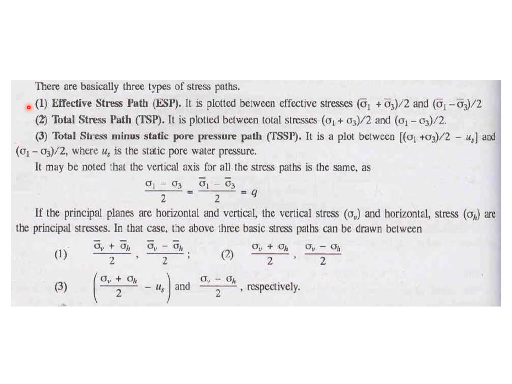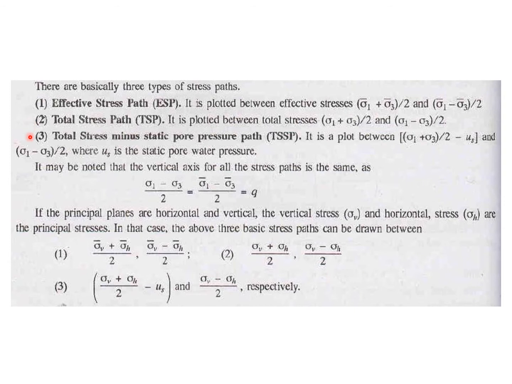It is plotted between effective stresses sigma 1 dash plus sigma 3 dash over 2 and sigma 1 dash minus sigma 3 dash over 2. Total stress path TSP is plotted between total stresses sigma 1 plus sigma 3 over 2 and sigma 1 minus sigma 3 over 2.